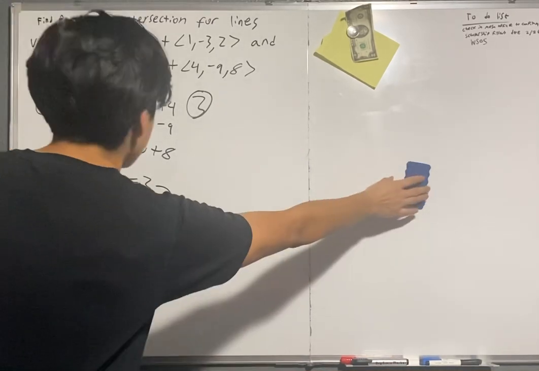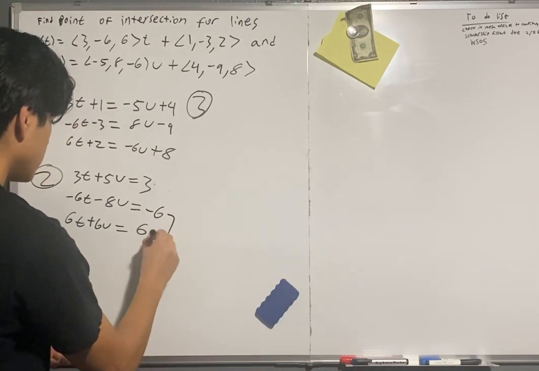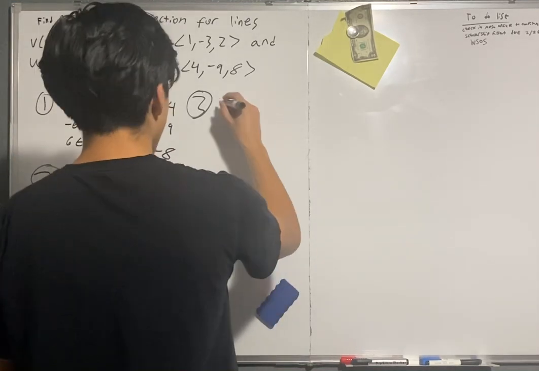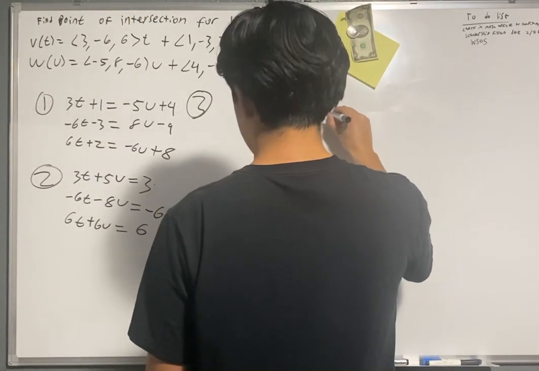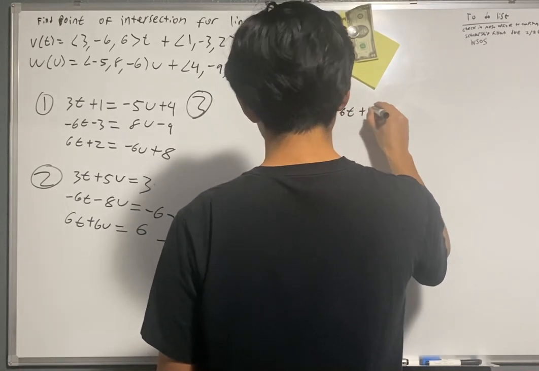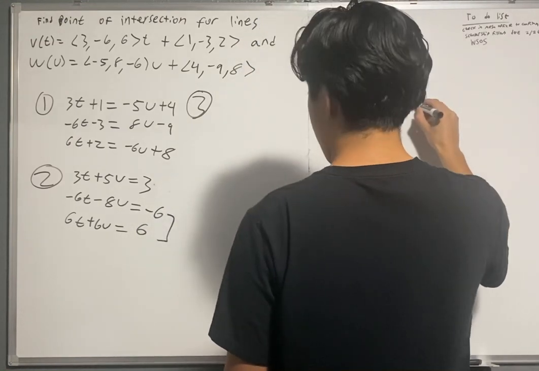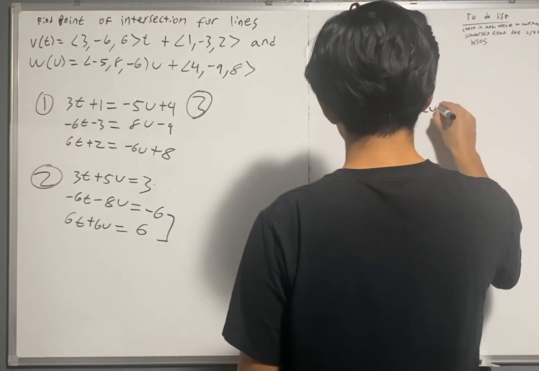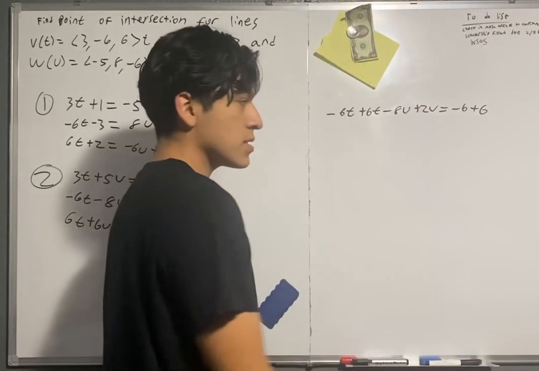We're going to add these two together. So I'm going to do it on this side. Negative 6t plus 6t minus 8u plus 2u is equal to negative 6 plus 6. So this is going to equal 0.